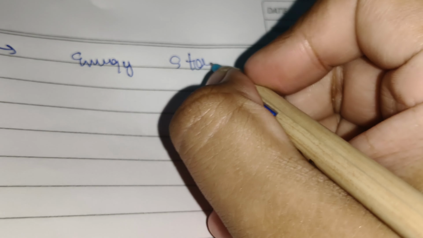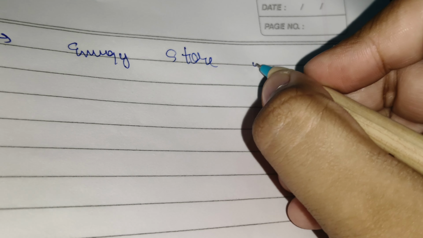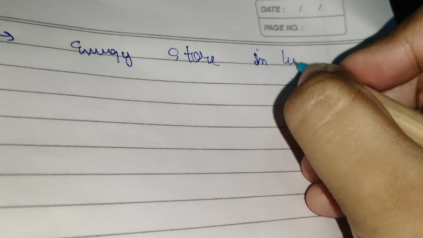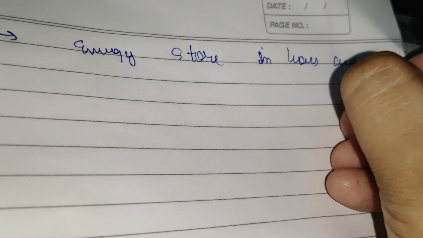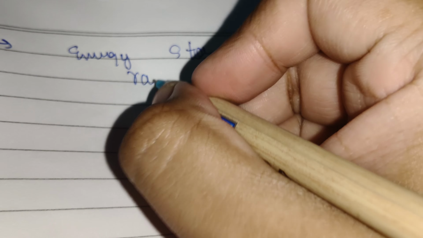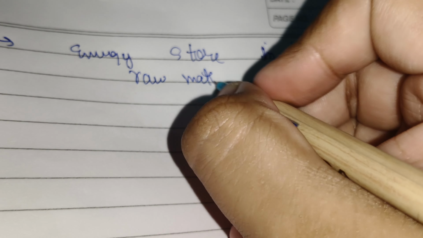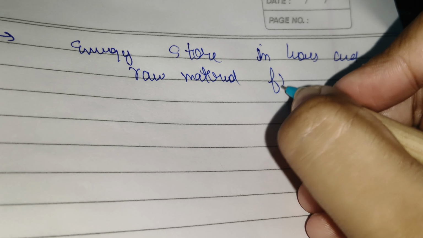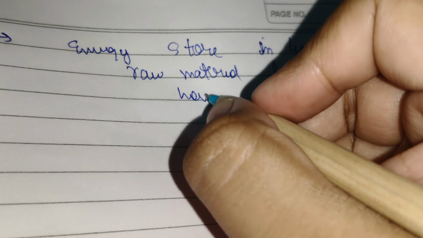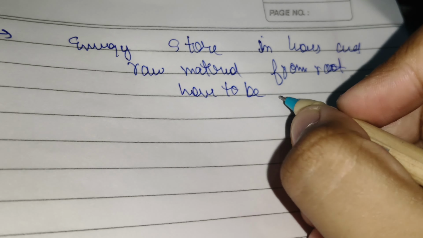So basically, as we know, the energy is stored in leaves and the raw material from roots has to be transported.